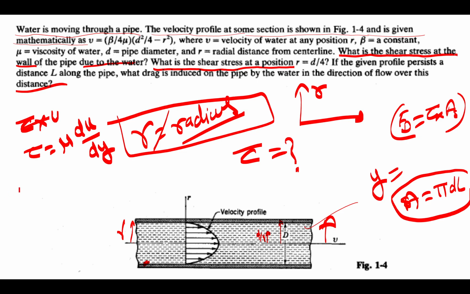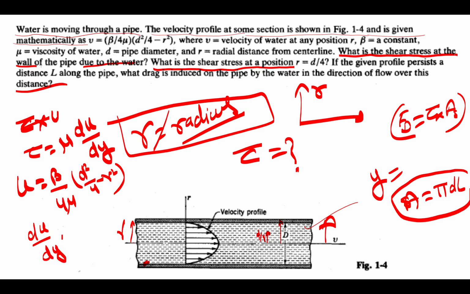So what is u? u is nothing but beta divided by 4 mu into d square by 4 minus r square. When you differentiate this, du by dr, beta by 4 mu is the constant.